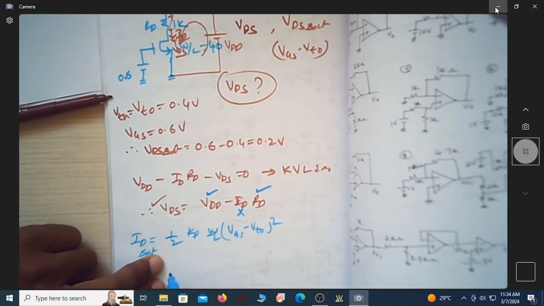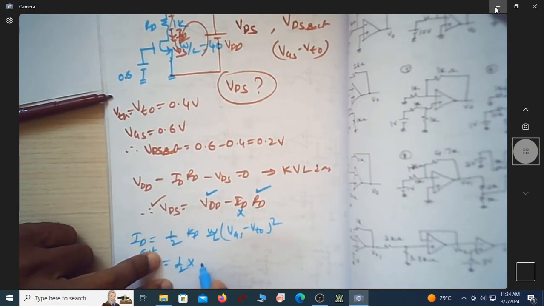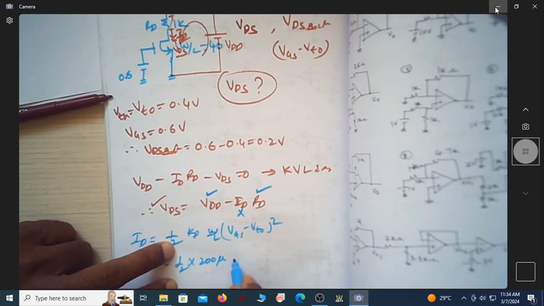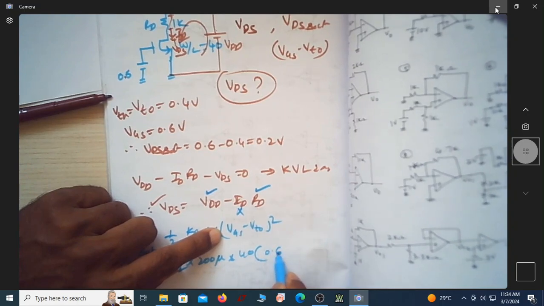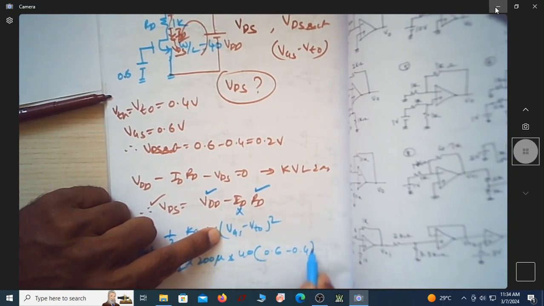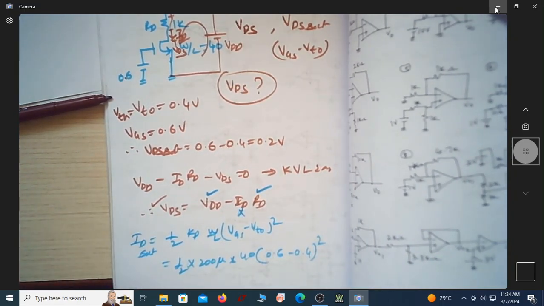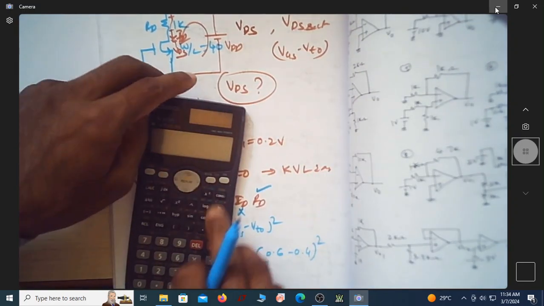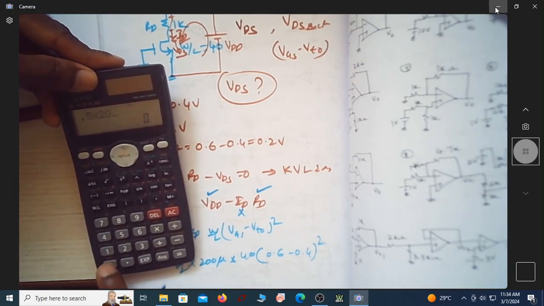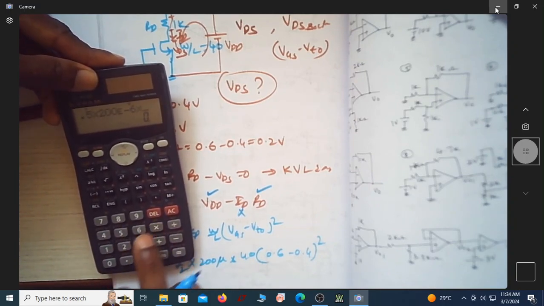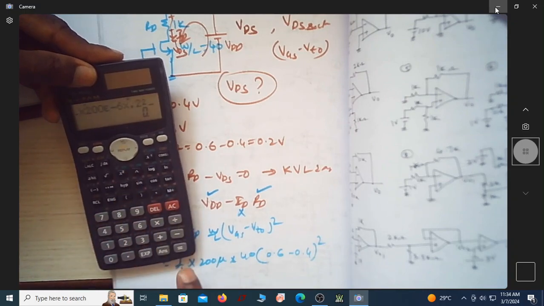Upon substituting, half into 200 micro, W by L is 40, VGS is 0.6, VTO is 0.4, whole square. So what I'll get is 0.5 into 200 exponential minus 6 into 0.2 whole square.